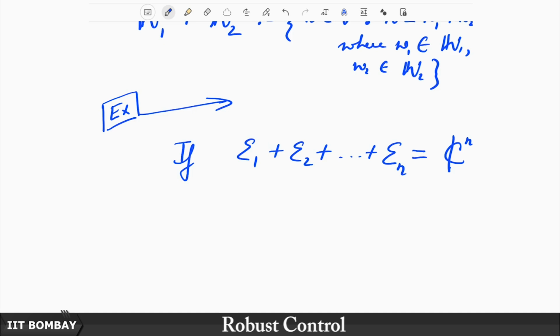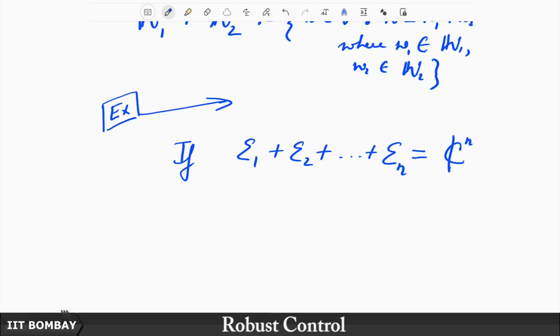If you can find n such subspaces, each of these will naturally be one dimensional. In other words, if an eigenvalue is repeated, let us say, 5 times, then you must also have 5 linearly independent eigenvectors corresponding to that eigenvalue.